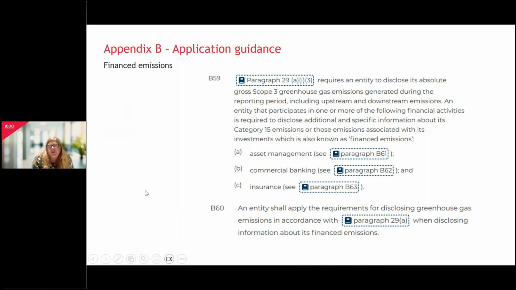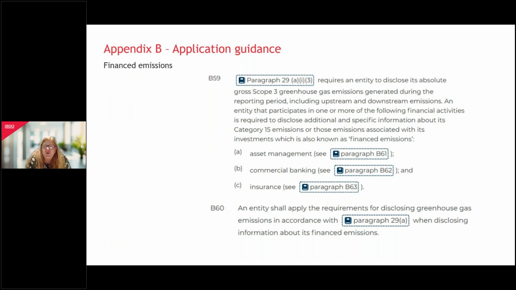And therefore, in this application guidance, they say that you have to disclose its absolute gross Scope 3 greenhouse gas emissions generated during the period, including upstream and downstream emissions, and an entity that participates in one or more of the following financial activities is required to disclose additional and specific information about its Category 15 emissions, or those emissions associated with its investments, which is also known as financed emissions.